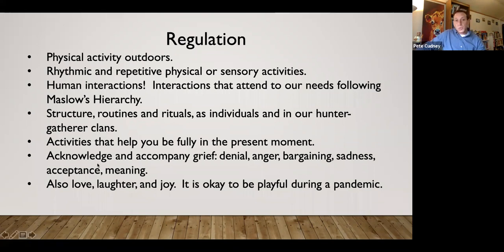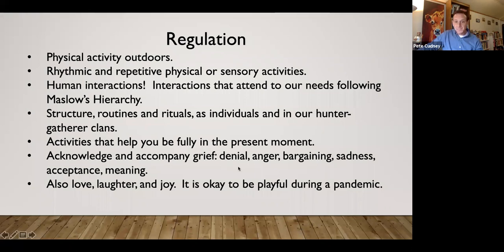We need to acknowledge that we probably collectively and individually are having a grief response to our circumstances. I'm going to, in the chat in a second, put an article in there that you can pull out of the chat if you want. We can also put it on SharePoint that talks about this. I won't spend too much time right now, but you know that the stages of grief at times include denial.